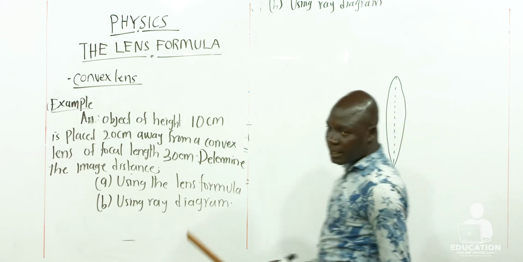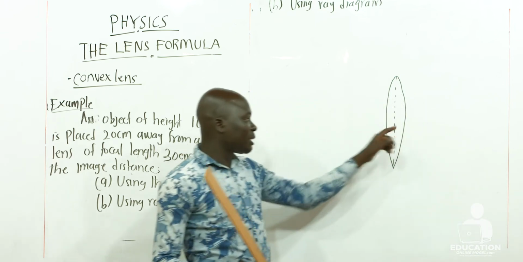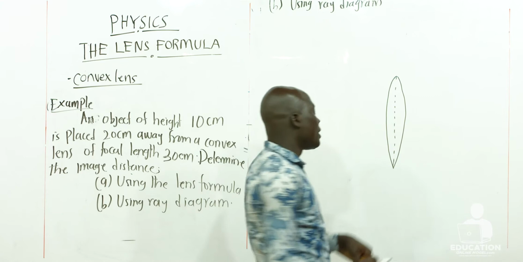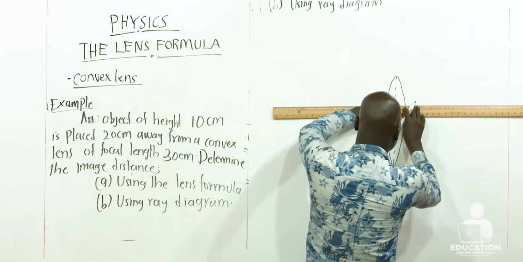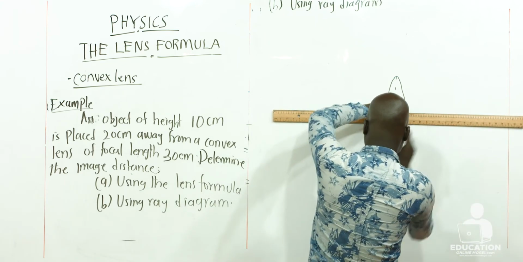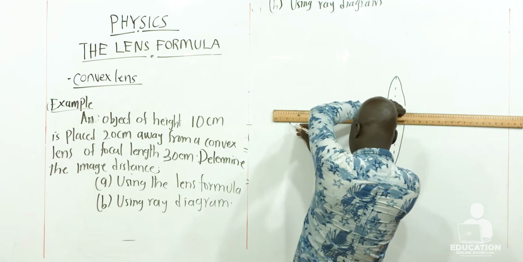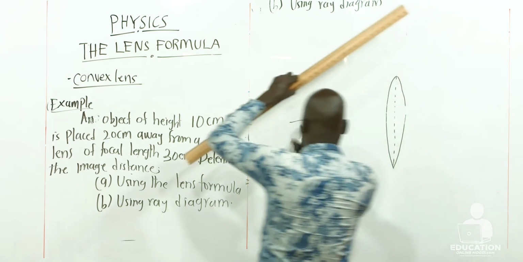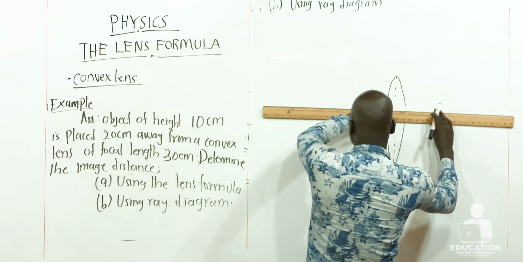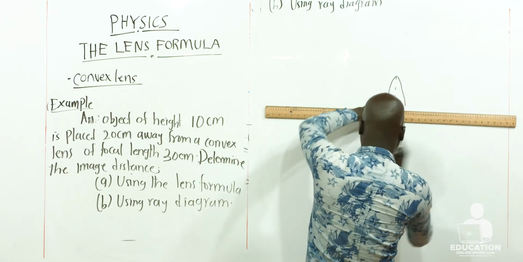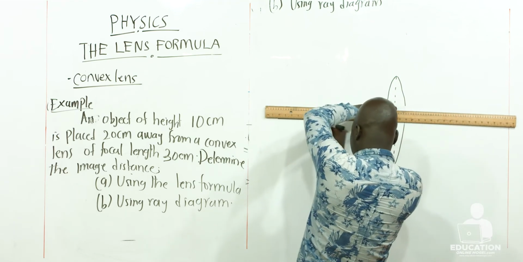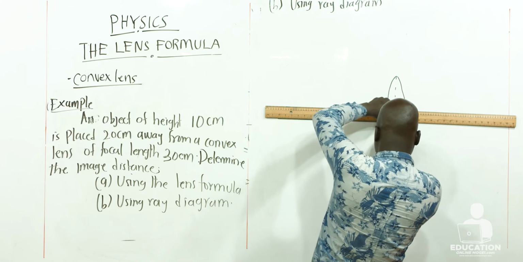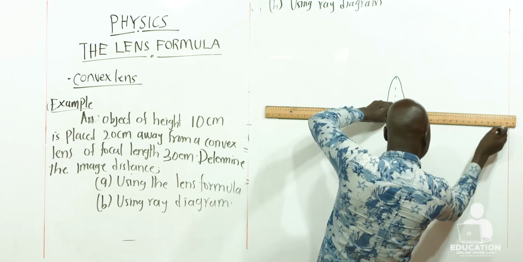Then a line through the optical center and the principal focus, we say this is called the principal axis. So this is the principal axis of the lens. That is a line through the optical center and the principal focus.